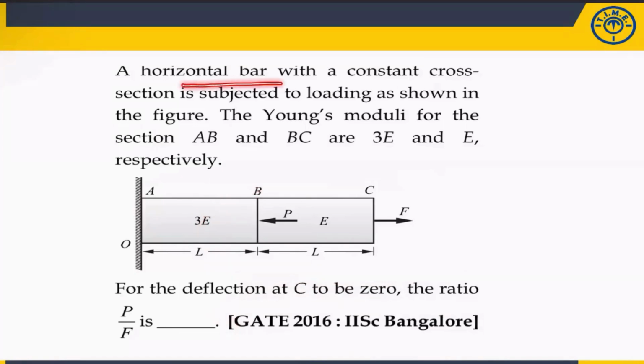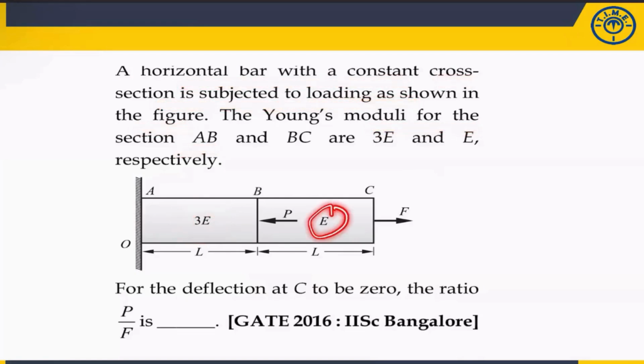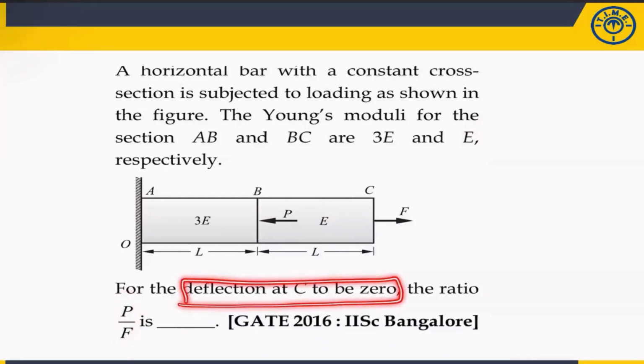What is the question? A horizontal bar with a constant section is subjected to loading as shown in the figure. The Young's modulus of AB, that means the modulus of elasticity, is given as 3E. And for BC, the modulus of elasticity is E. Now you have to calculate the ratio of P by F, with the condition that the deflection at C is 0.